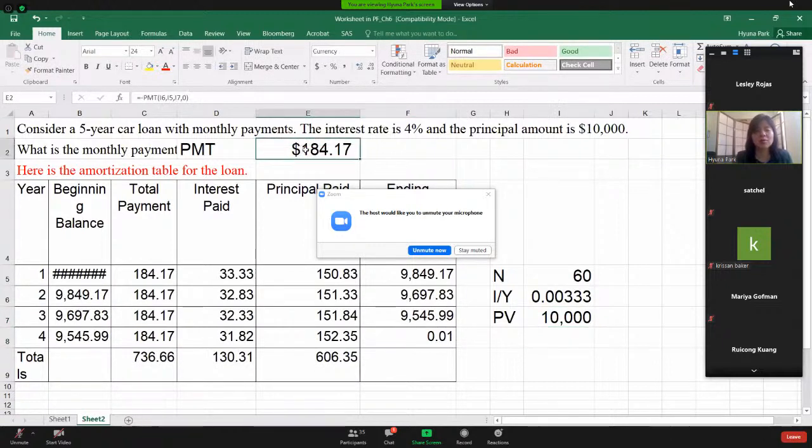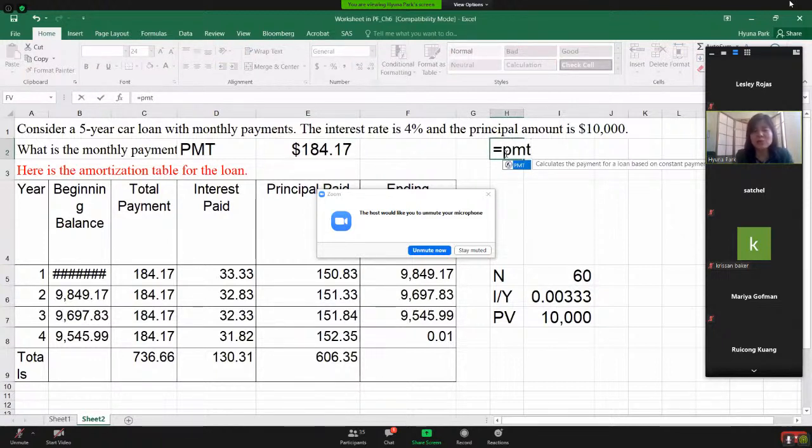And then, oh, the payment is $184.70. Let's do the payment calculation to make sure that we are doing it right. So how to do the payment?